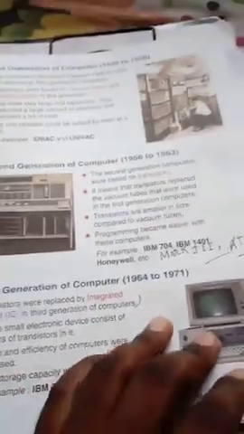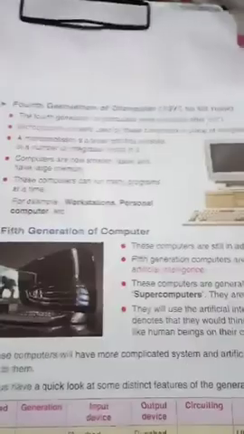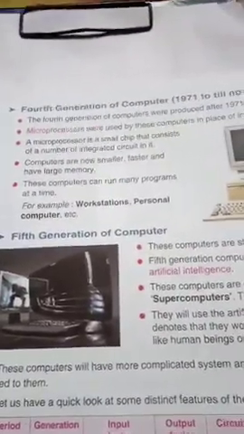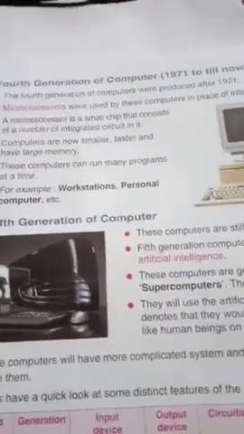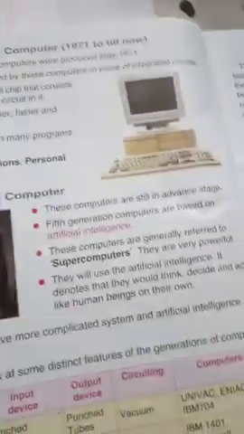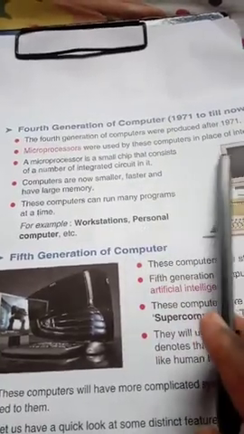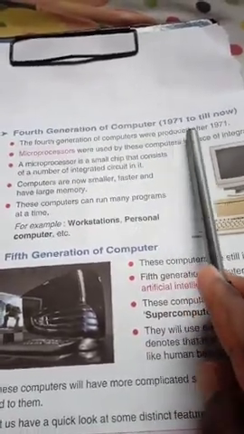Next one, fourth generation of computer, and the time period is 1971 till now.